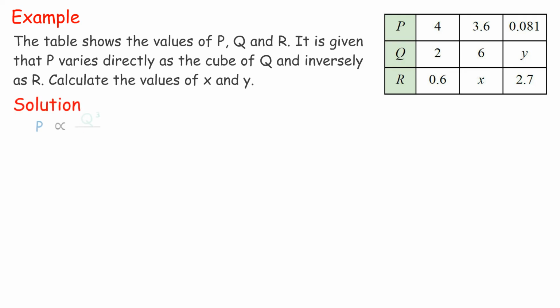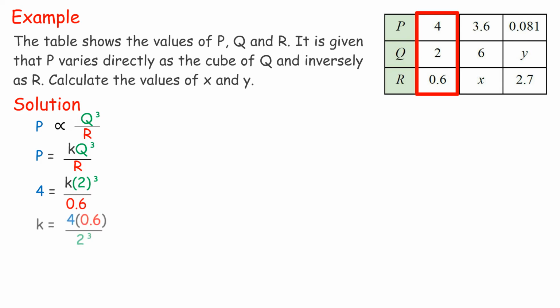Solution. p equals k times q cubed, divide by r. 4 equals k times 2 cubed, divide by 0.6. k equals 4 times 0.6, divide by 2 cubed, equals 3 divide by 10. Hence, p equals 3q cubed, divide by 10r.